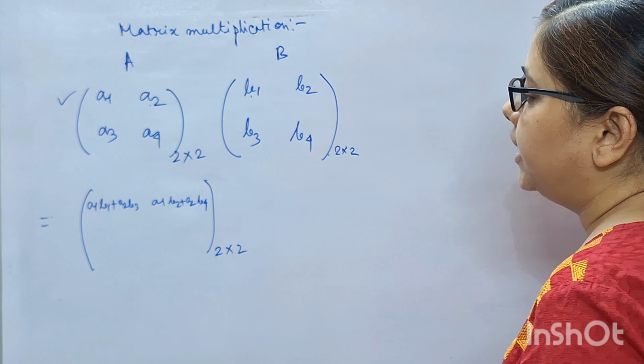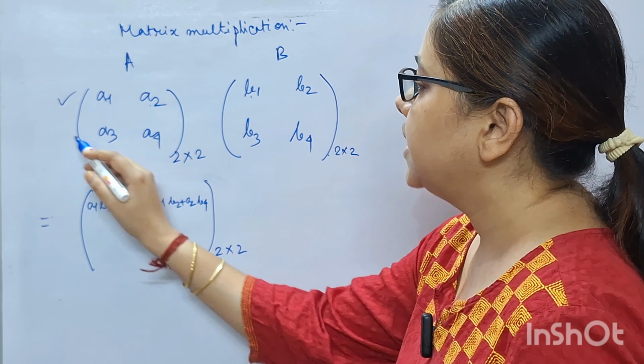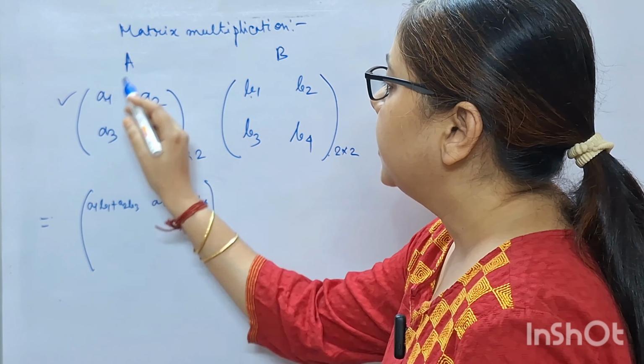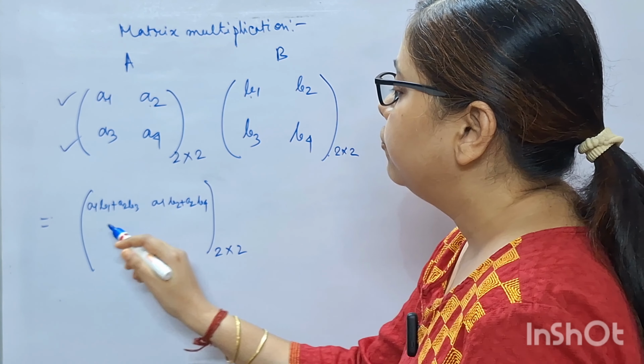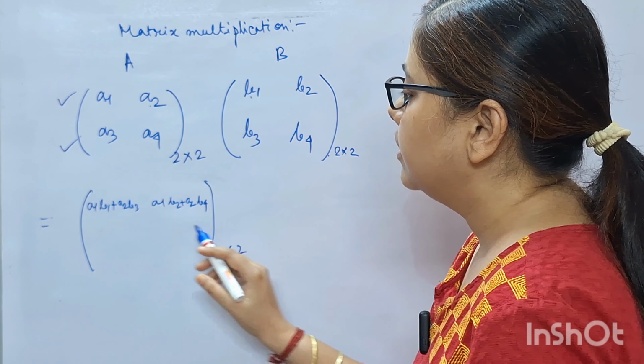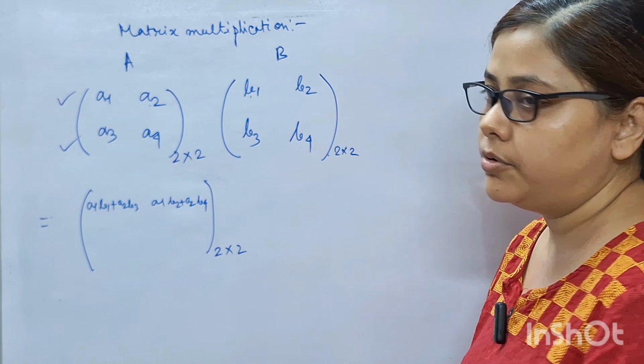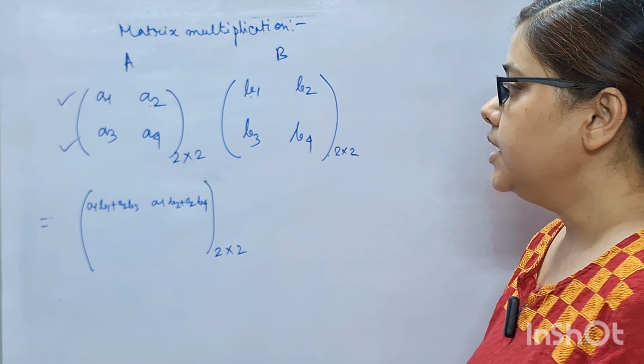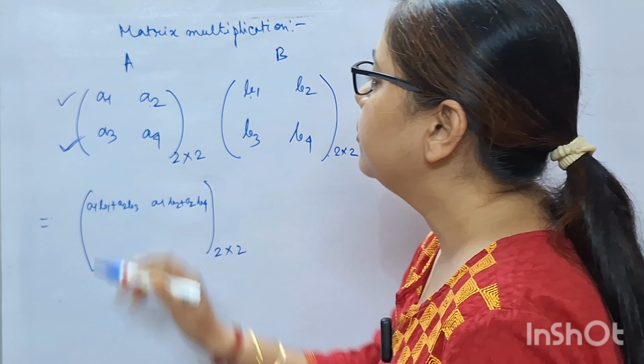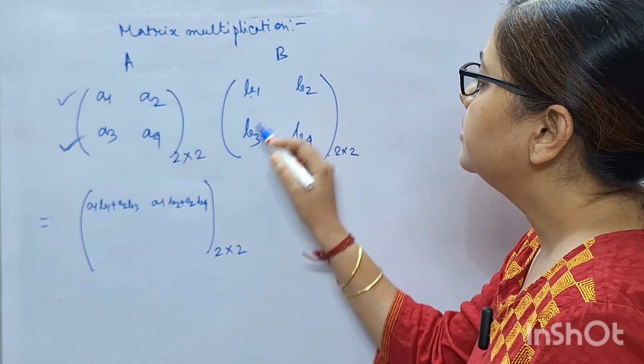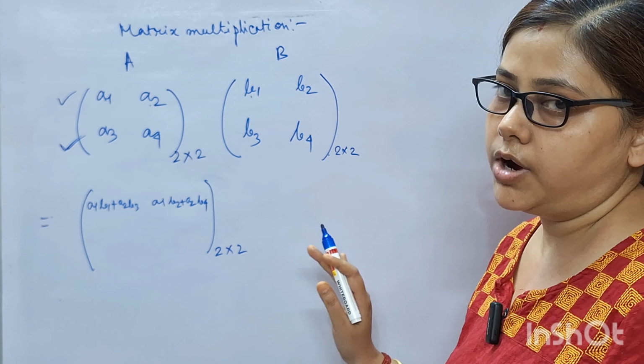Next, to find the second row elements of the product matrix AB, you have to take the second row of A and the columns of B one by one.